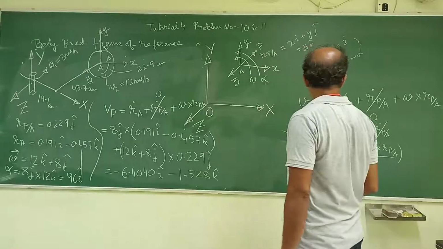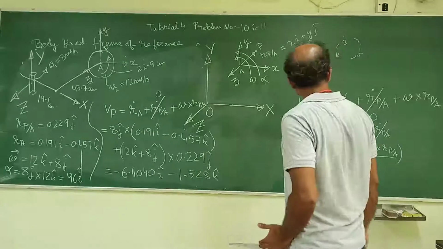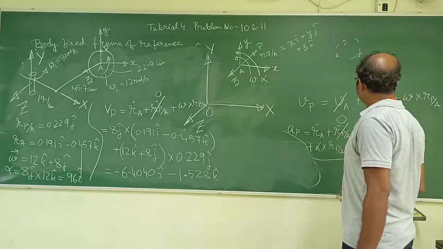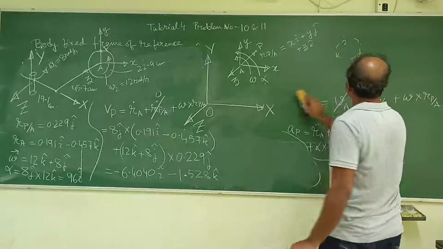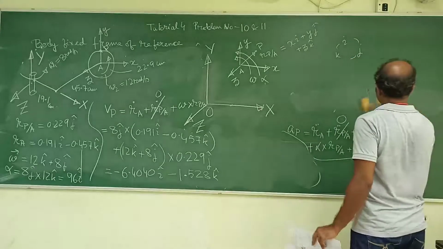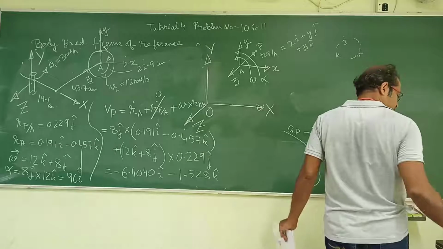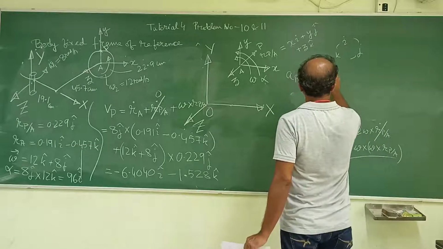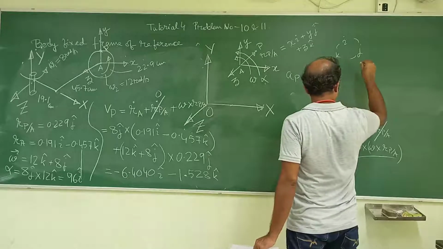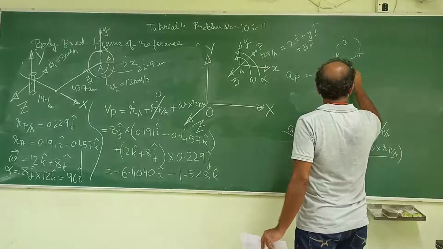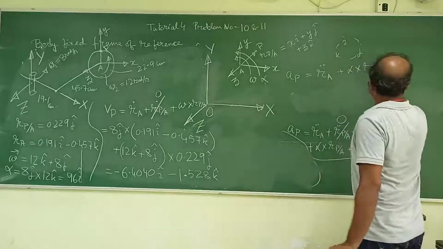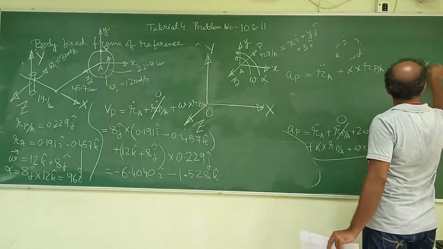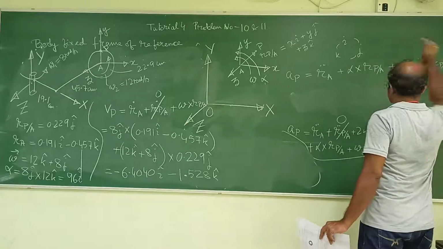Now let's come to the acceleration of point P. For the acceleration of point P, we will be having R_A double dot plus alpha cross R_P/A plus omega cross omega cross R_P/A.